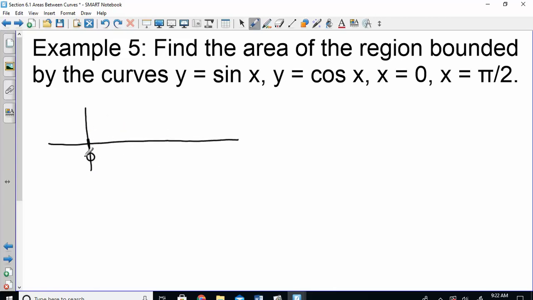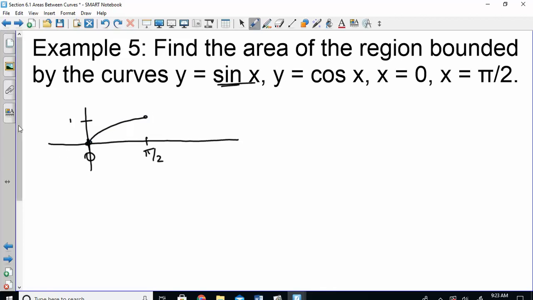So remember back at the very beginning, we graphed our trig functions. This is 0, this is pi over 2. Sine of 0 is 0. What's the sine of pi over 2, or the sine of 90 degrees? 1.